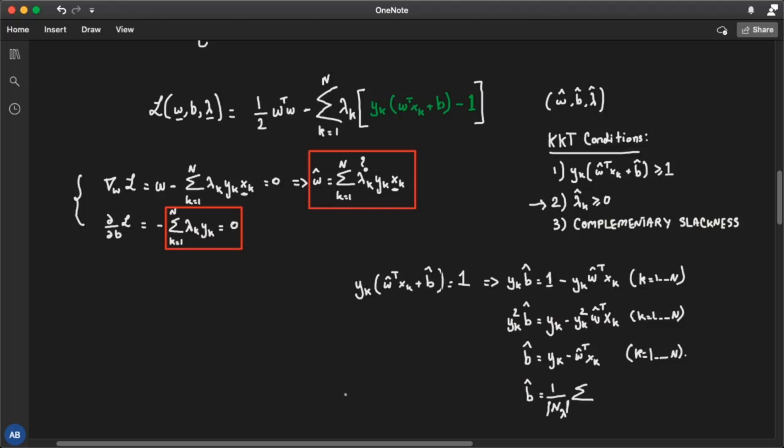Let me write down n lambda: it is the set of xk, yk such that lambda k is strictly positive.